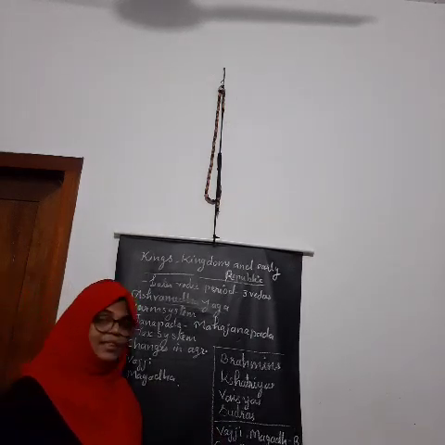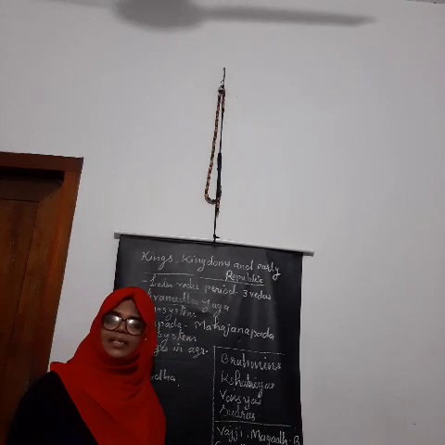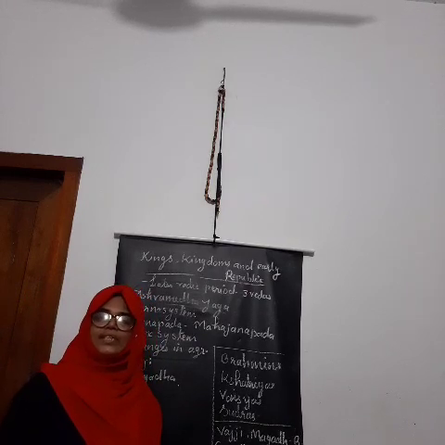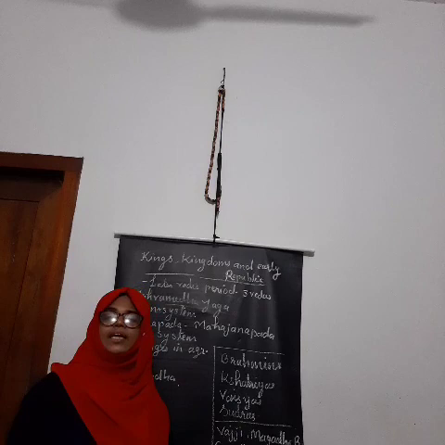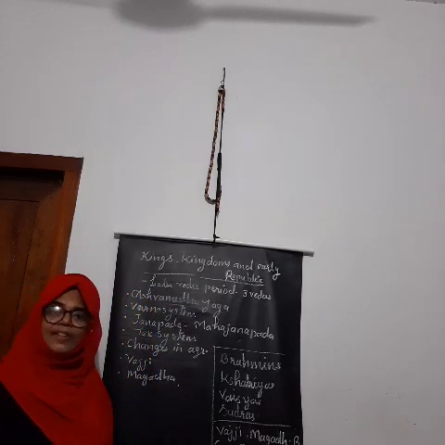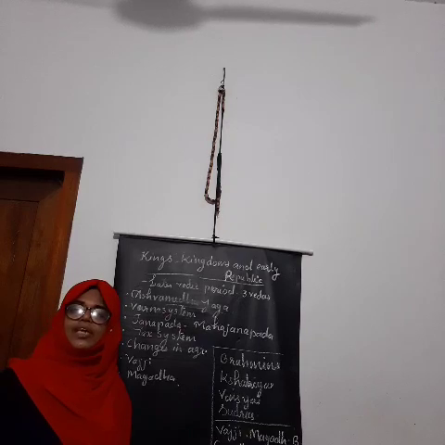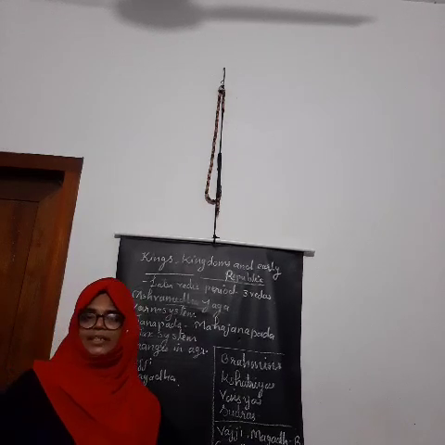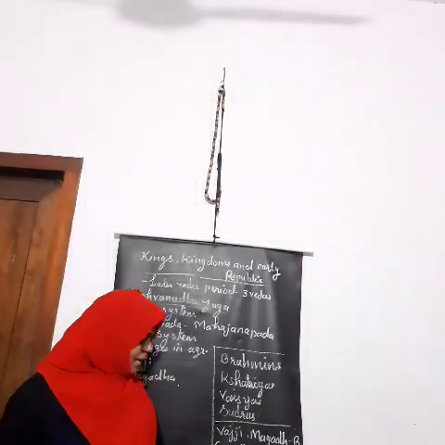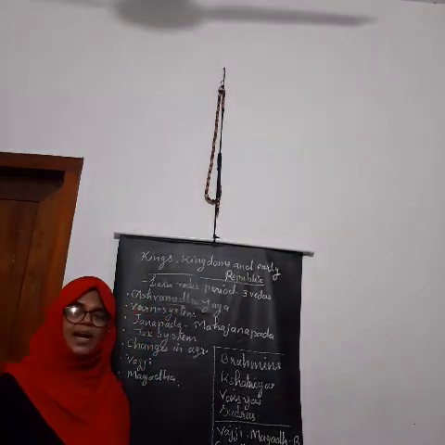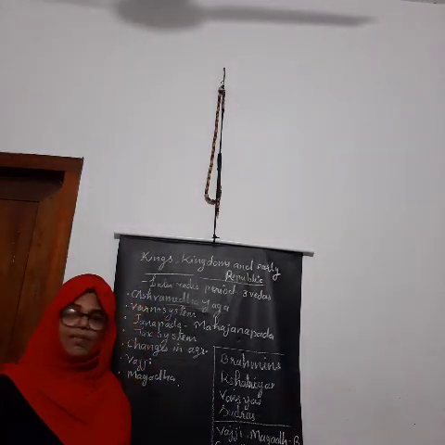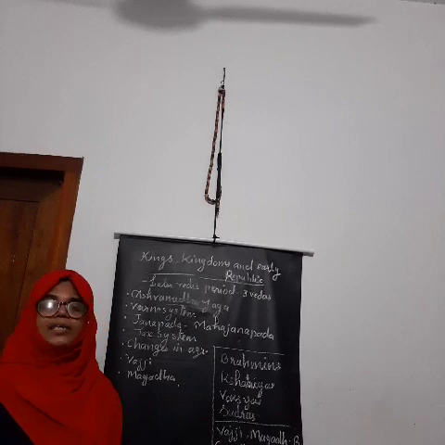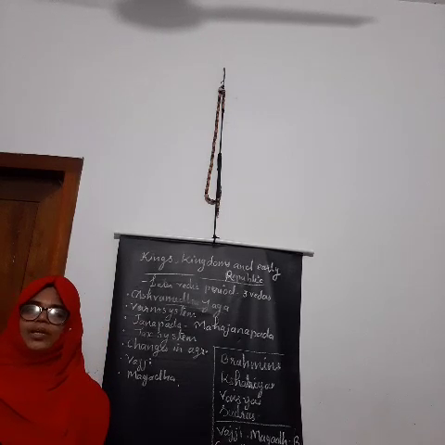Then comes Gandhara. Gandhara is another Mahajanapada which was situated in present-day Pakistan. Then another one is Avanti. Avanti was situated in Madhya Pradesh, that is MP. Panchala and Kosala were Mahajanapadas situated in Uttar Pradesh, UP.